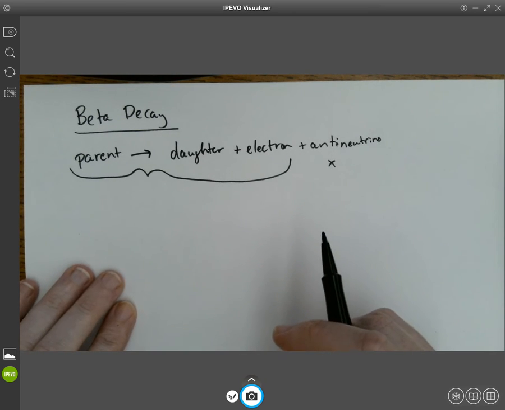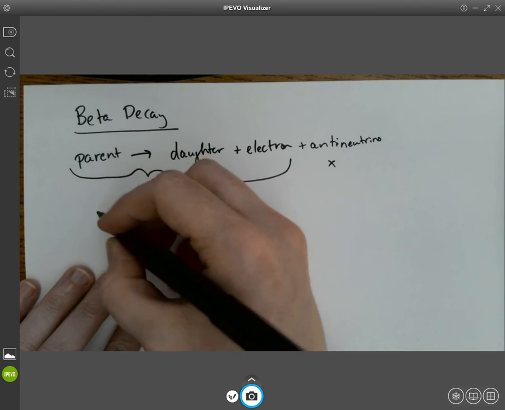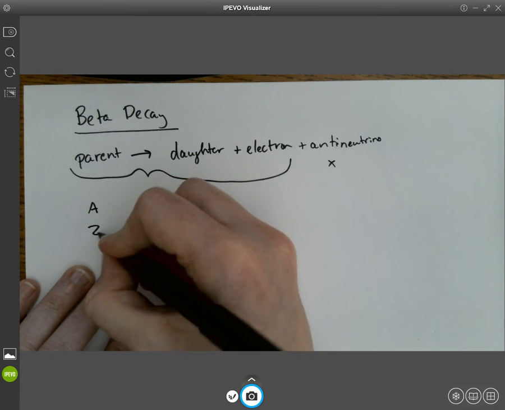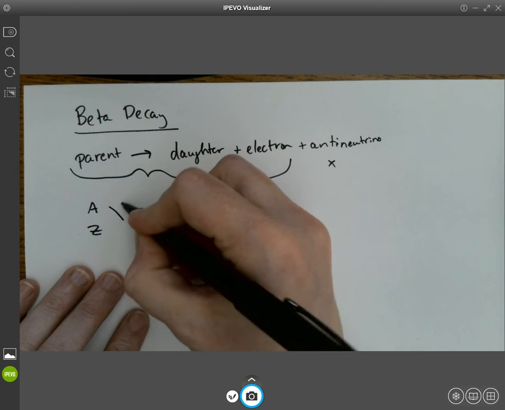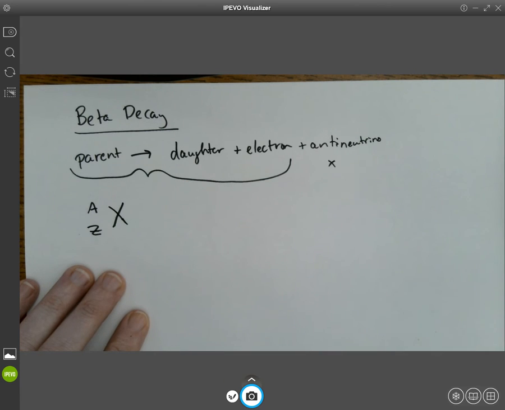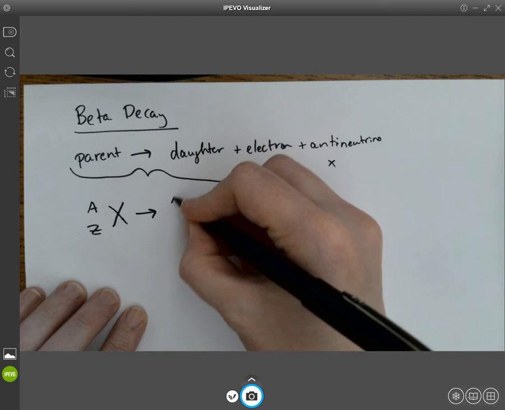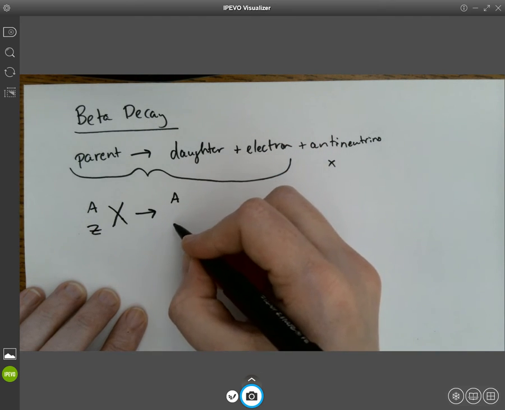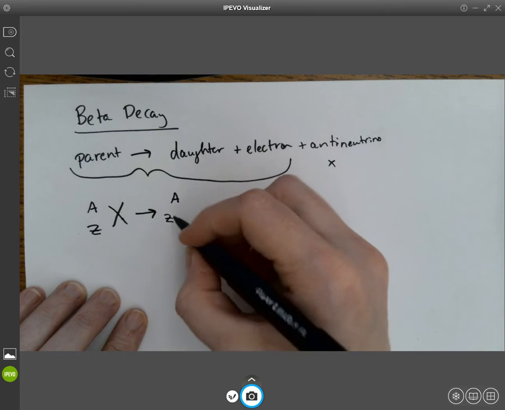Okay, so we have our general equation, A and Z. Again, A represents the atomic mass, Z represents the atomic number or the number of protons. X will represent the element symbol. We have A again, so the atomic mass will not change. That is different from the alpha decay.